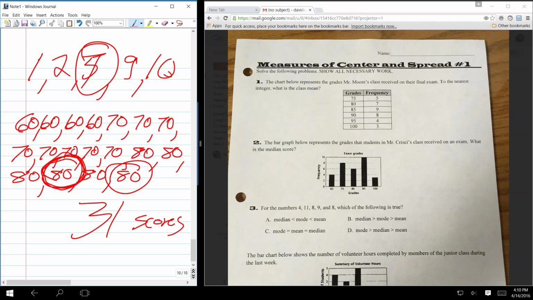If you have an even number, it's a little harder. If I take away that 10, what's the median score between those 4? Between 1, 2, 5, and 9, what's the median? 5. No. It's the middle one. Well, the middle one comes between the second and the third term. So I have to average those two numbers.